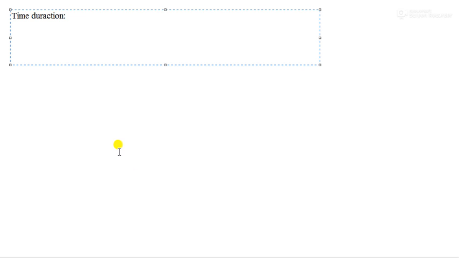Now here the next topic is time duration, calculating the hours and minutes elapsed.